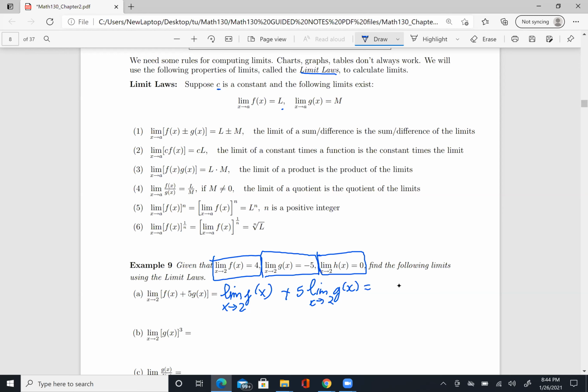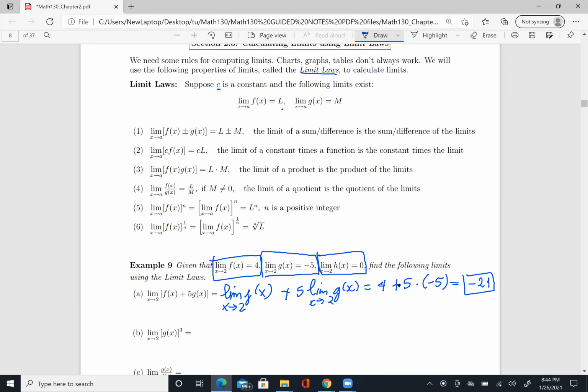Then you're going to have 4 for the first limit plus 5 times negative 5 for the second limit. That gives you 4 minus 25, which is equal to negative 21. Okay, that should be the answer.